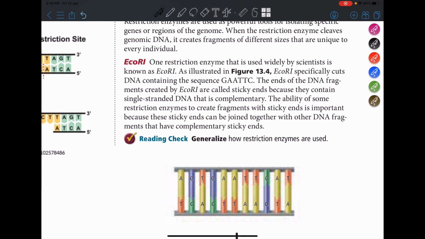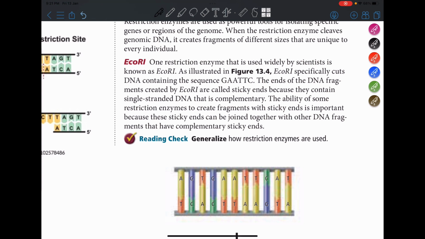EcoRI, or R1, I'm not sure. One restriction enzyme that is used widely by scientists is known as EcoRI. Whatever it is, we're going to call it ECO.